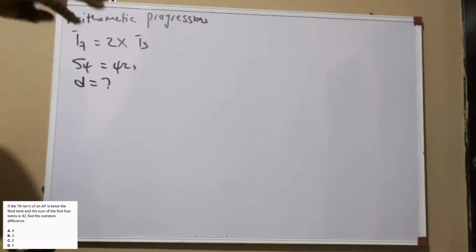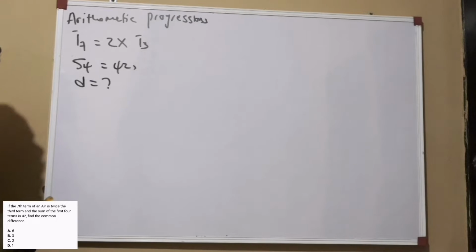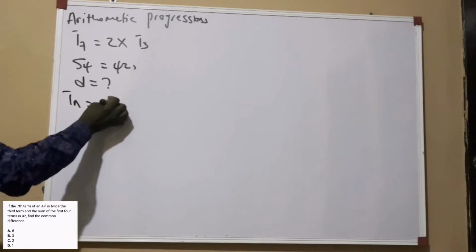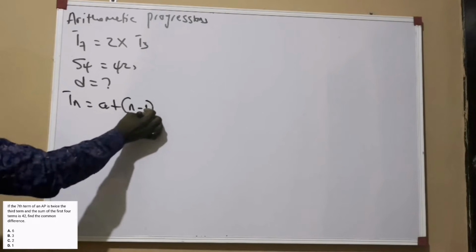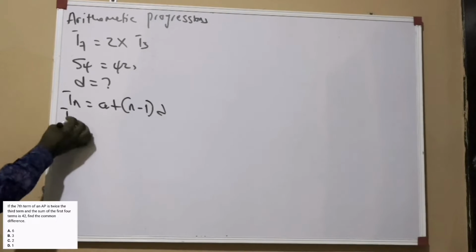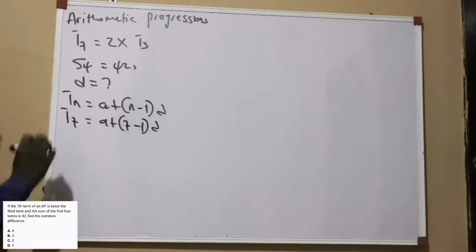So you see, we have two formulas we are using here: the nth term formula and the sum of an AP formula. But before that, let us make use of our nth term formula first. Tn is a plus n minus 1 d. Now for T7, we are going to have T7 is a plus 7 minus 1 d.